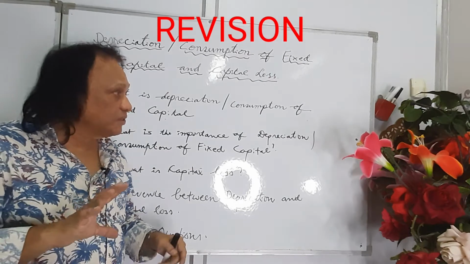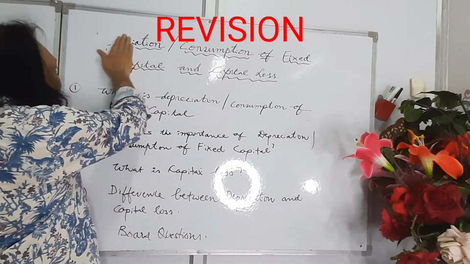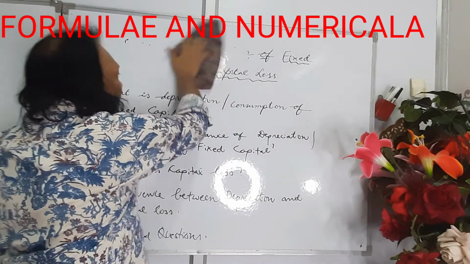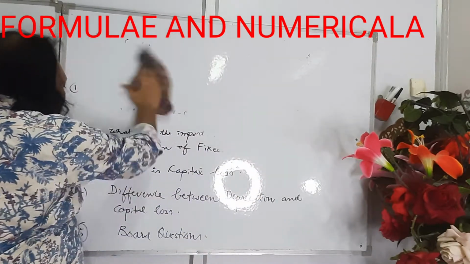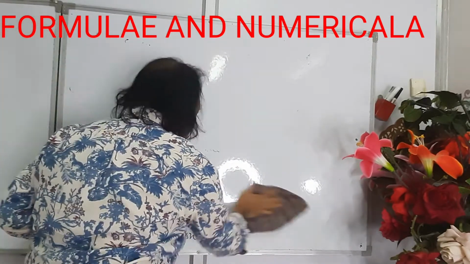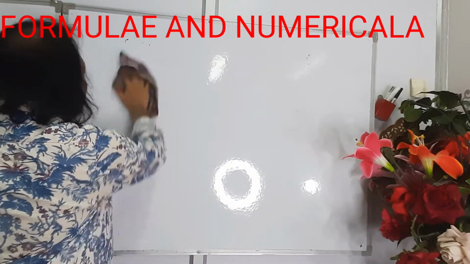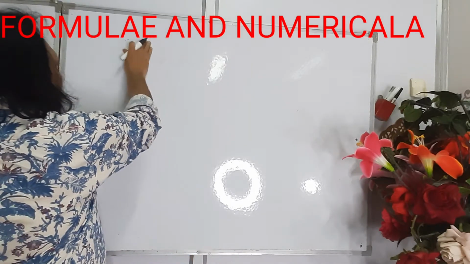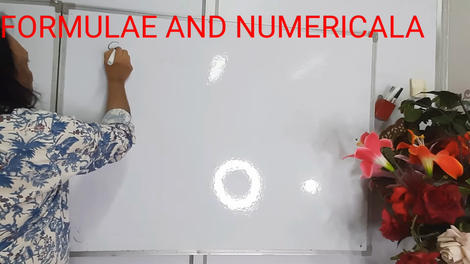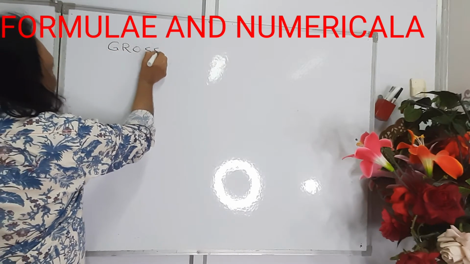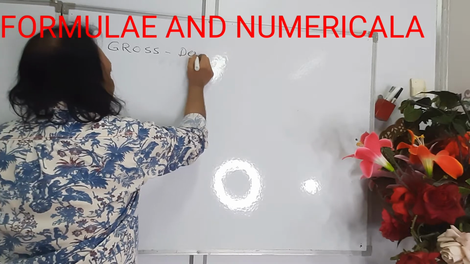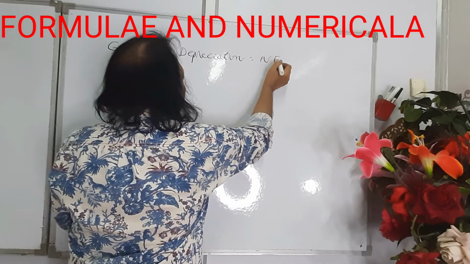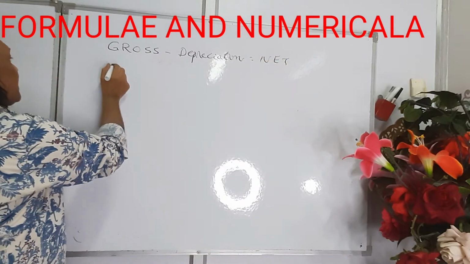So as I said, now how do we calculate? So how does depreciation help us to find out? Now this is the first thing we'll be learning in numericals. Suppose you have any gross value. If you subtract depreciation from gross value, you get net value. So we'll take an example here.